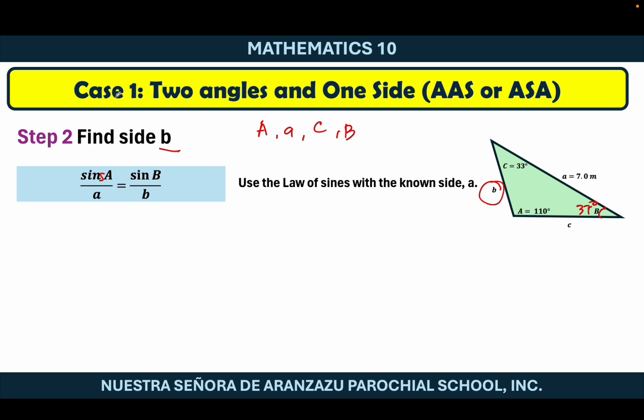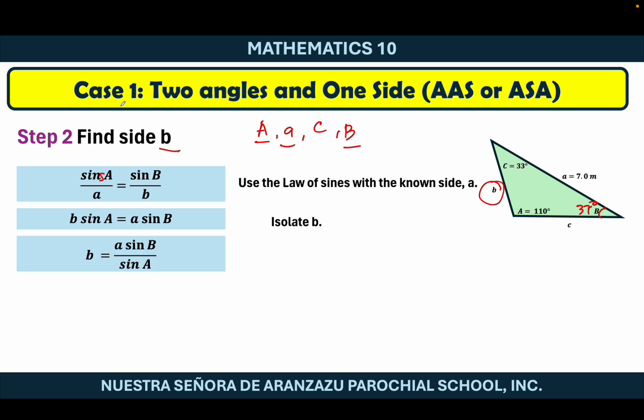Since angle A, side a, and angle B are already given, let us isolate side b. By cross multiplying, we get b sine A is equal to a sine B. Therefore, b is equal to a sine B over sine A. We simply divide both sides by sine A so that sine A cancels and what remains is b.